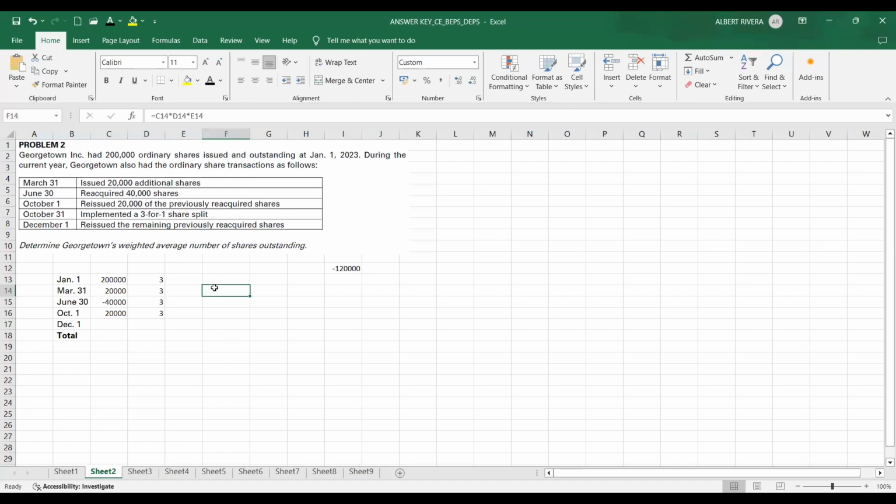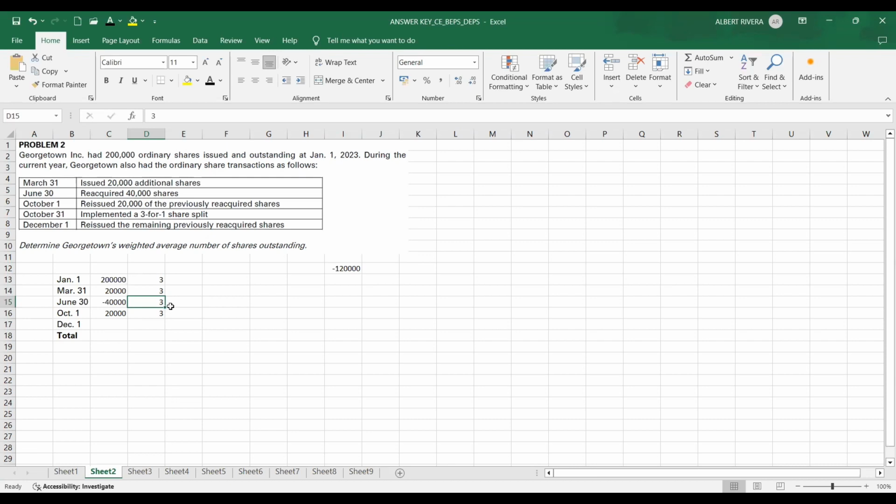Come December 1, they reissued the remaining previously reacquired shares. The reacquired shares came from here, 40, times 3, that is 120.